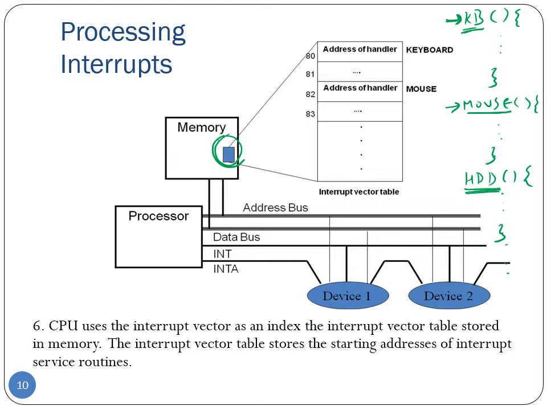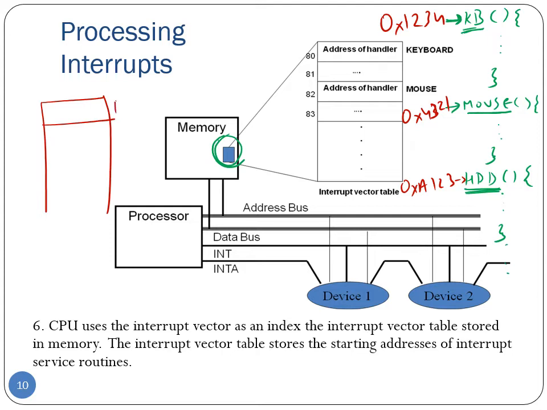Let's assume this keyboard handler starts at address hexadecimal, let's say, 1234. This mouse interrupt handler starts at, let's say, address 4321. Let's say this hard disk handler starts at address A123, and so forth. So in this interrupt vector table, let's say this is the entry for keyboard, you will have the address hexadecimal 1234 here. This is the starting address of the keyboard's interrupt handler.